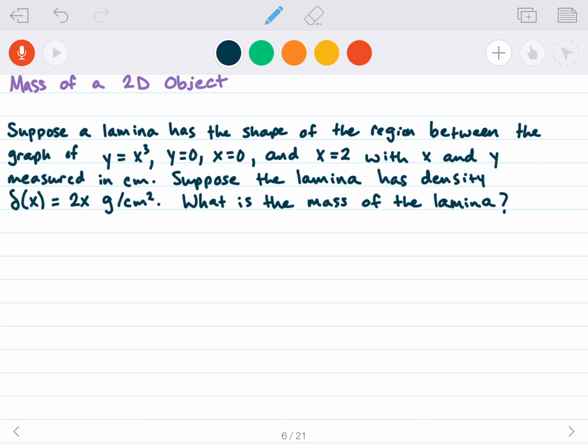Okay, so let's go ahead and sketch out what this region looks like, this lamina. It's bounded by the x and the y-axis, and x equals 2. So let's just draw that here. And it's also bounded by the curve y equals x to the 3.